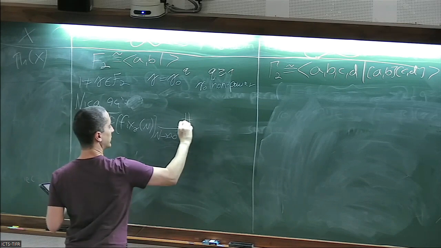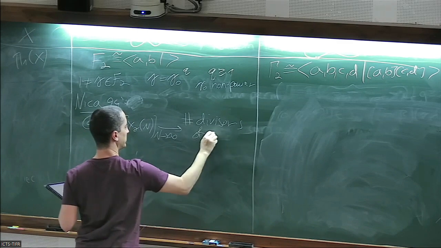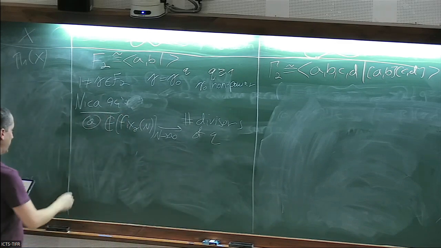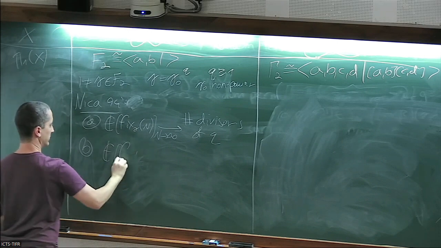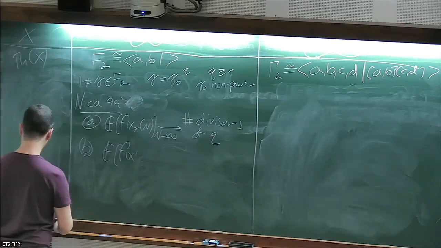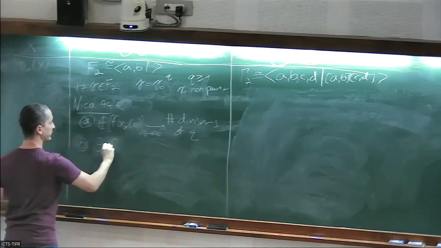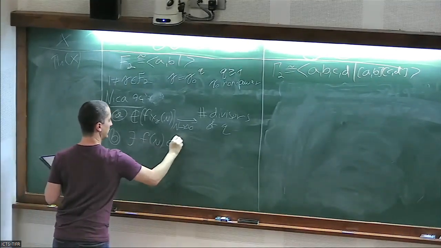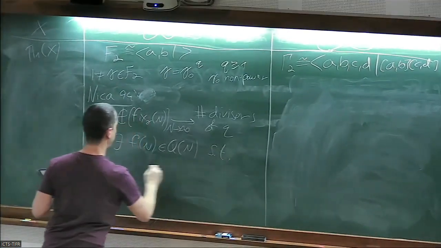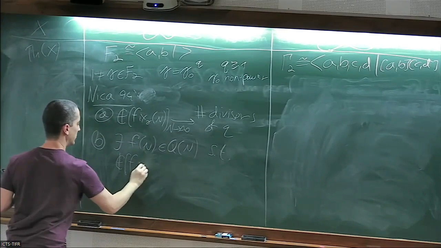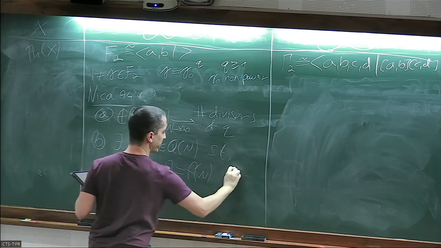It tends to the number of divisors of Q. And the second result is that there is a rational function of n such that the expected number of fixed points is equal to this function for every large enough n.